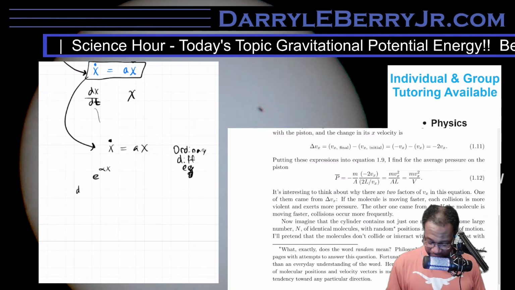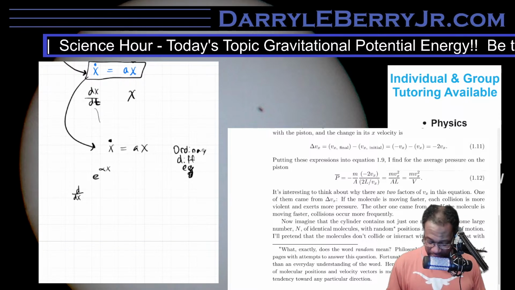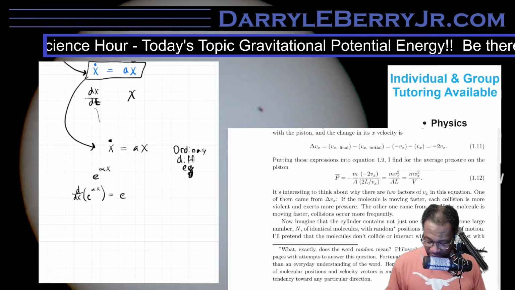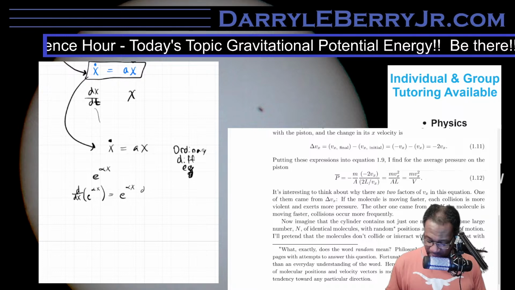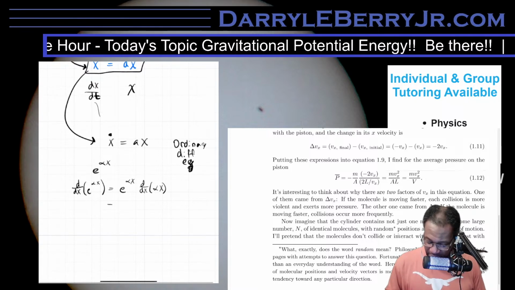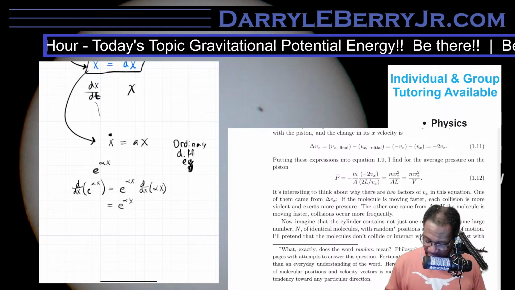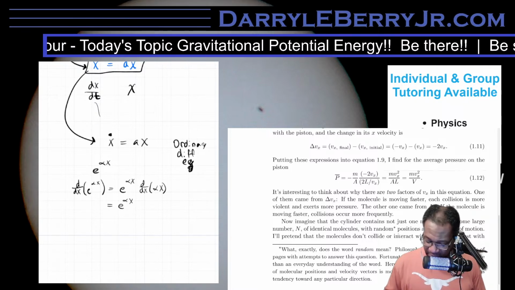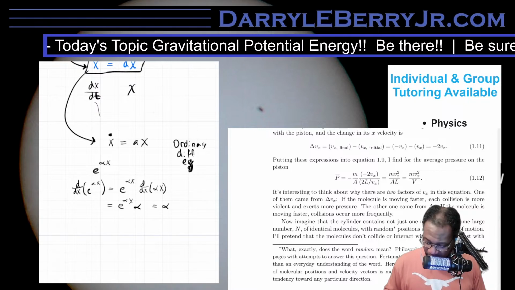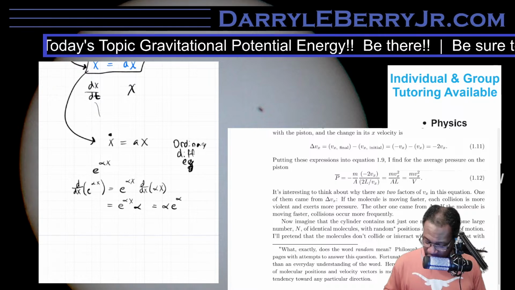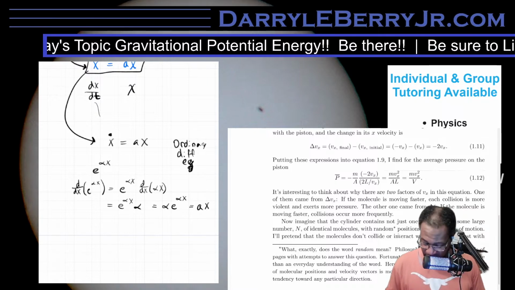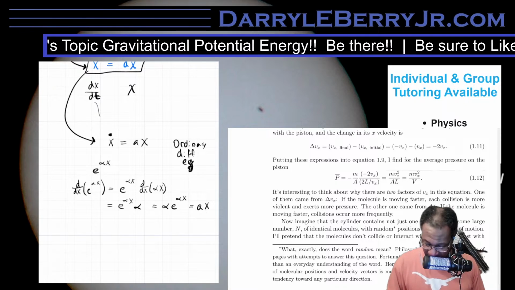So if I take the derivative of this, it gives me whatever the exponential was again, times the derivative of whatever was at the top. So that's going to be this again, and the derivative with respect to x of xa is going to be a. So what I end up with is e to the alpha x and whatever x was initially, because I guessed that this would be my x.